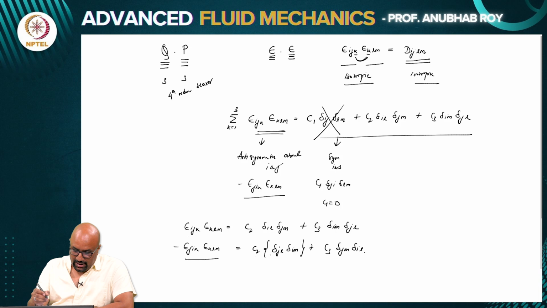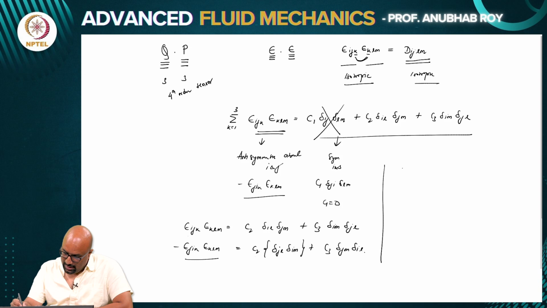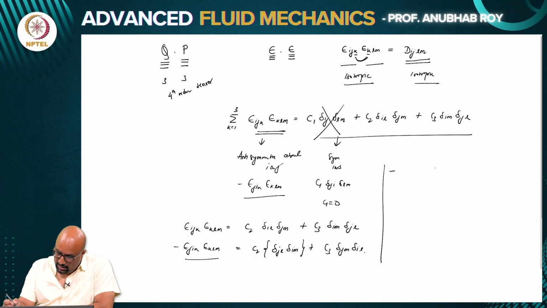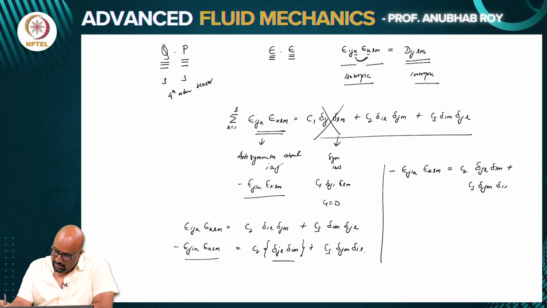Now, what I can further do is, if I write this out on the right hand side, so epsilon jik epsilon klm equals C2 delta jl delta im plus C3 delta jm delta il.